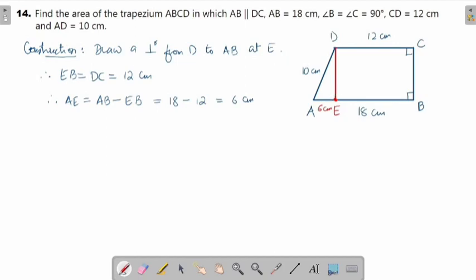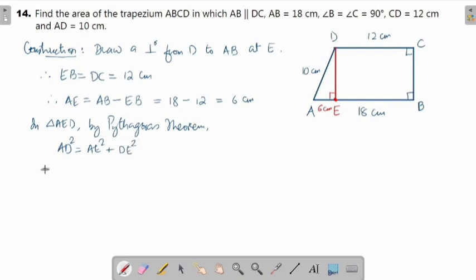Also remember this is 90 degree because this is the perpendicular. So that's why this becomes a right angled triangle now. So in triangle AED, by Pythagoras theorem, hypotenuse is AD, so we have AD square is equal to AE square plus DE square.